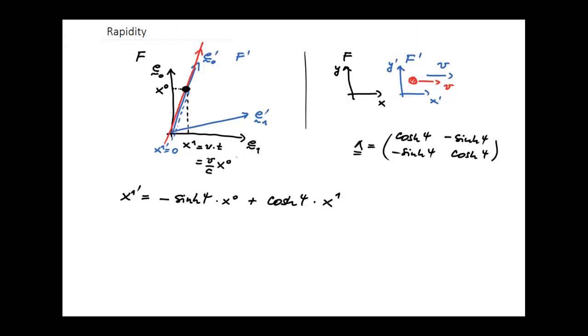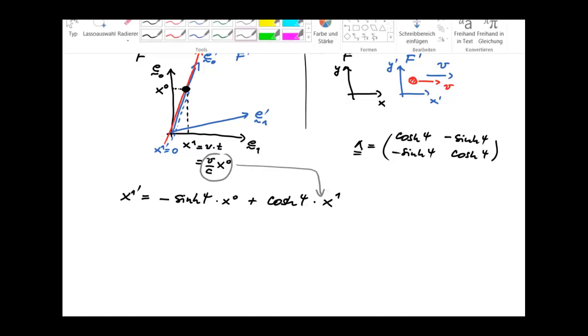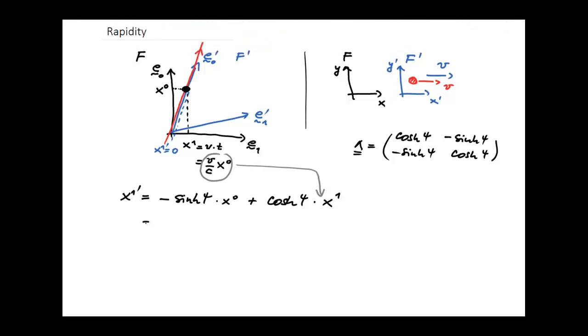But now we can use the fact that for the object x1 is given by velocity over c times x naught. Okay? So we can take x naught outside the bracket, and write that as minus hyperbolic sine of rapidity plus velocity over velocity of light times hyperbolic cosine of rapidity, times x naught.